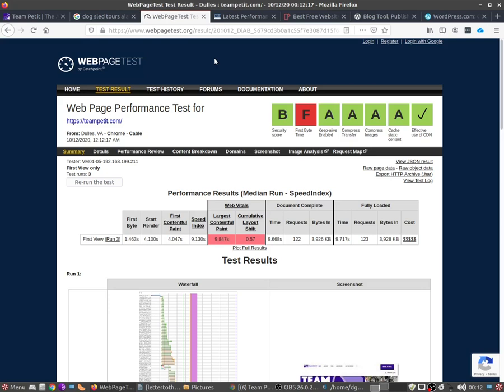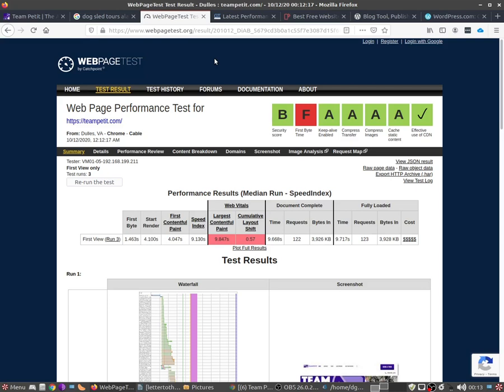Basically, there's a bunch of us in the same test pool. I just reran it, and my first byte time was 1.4 seconds, and it's about 9.8 seconds total. So still 10 seconds, that's way too long.